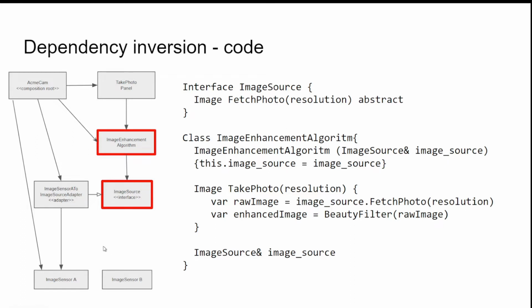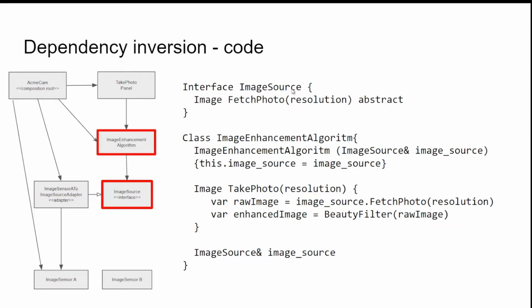You remember in the previous step for the image sensor, the common denominator was what these two classes can offer, and the key point here is that image sensor A and image sensor B both offer taking a photo and then starting a video or taking a video. But actually, this one now is just an image source.